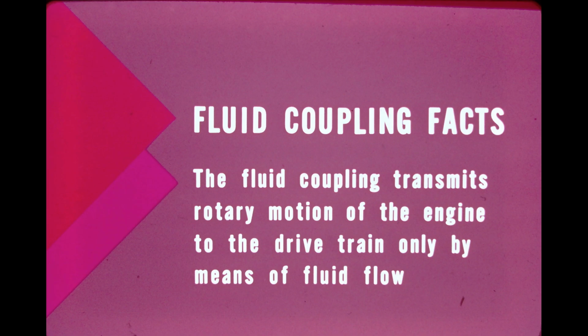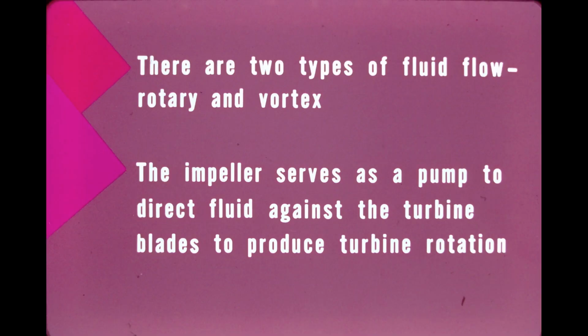Let's review the important facts we've discussed about the fluid coupling. The fluid coupling transmits the torque or rotary motion of the engine to the drivetrain only by means of fluid flow. There are two types or patterns of fluid flow: rotary and vortex.